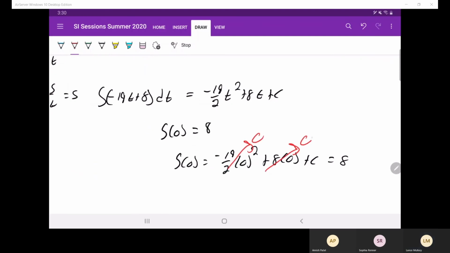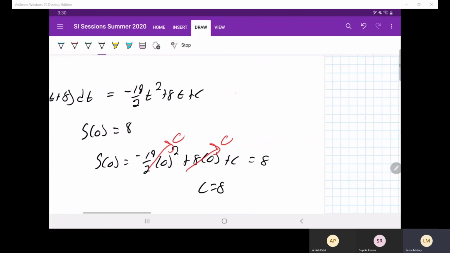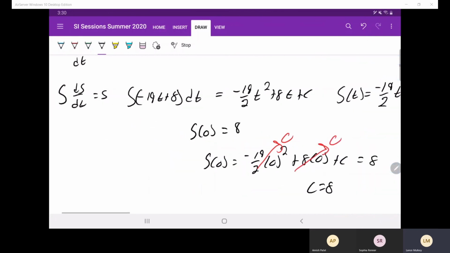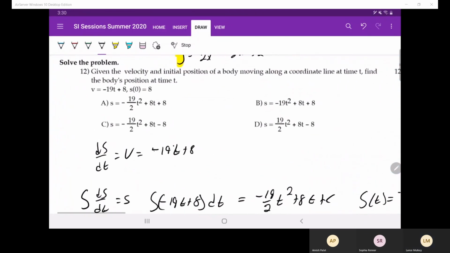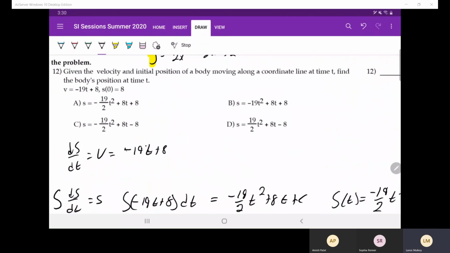So c equals 8. So now we have that s of t equals negative 19 over 2 t squared plus 8t plus 8. Answer is B. All right, we finished about 1 minute late.